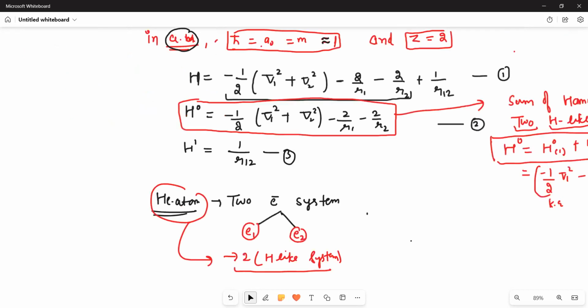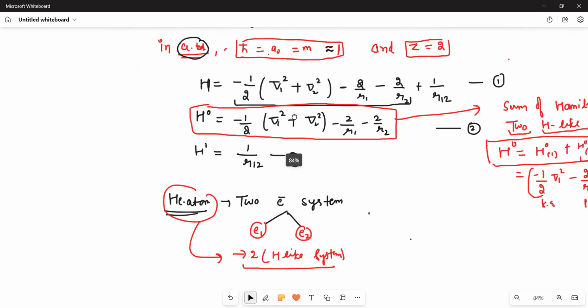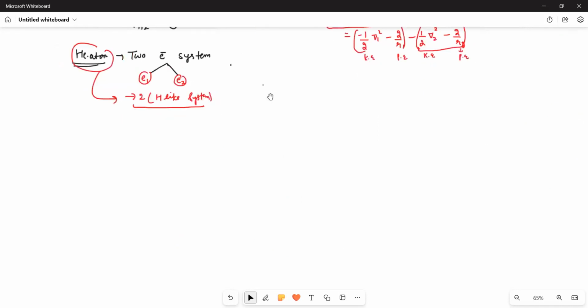So, students, to get the wave function, we will assume the helium atom is equivalent to two hydrogen-like systems. How to write the wave function now?